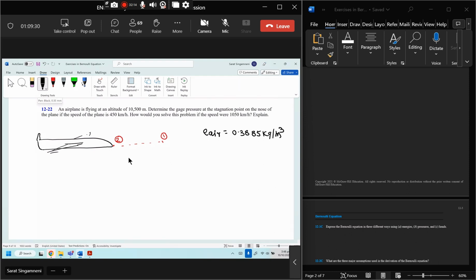Again, using Bernoulli, P1 over rho g plus V1 squared over 2g plus Z1 equal to P2 over rho g plus V2 squared over 2g plus Z2. As you can see, Z1, Z2 are the same. We can remove that. And the air comes to a stagnation at point 2.